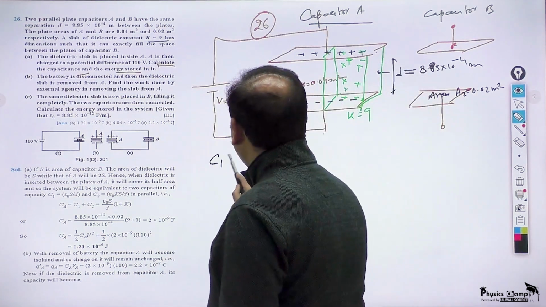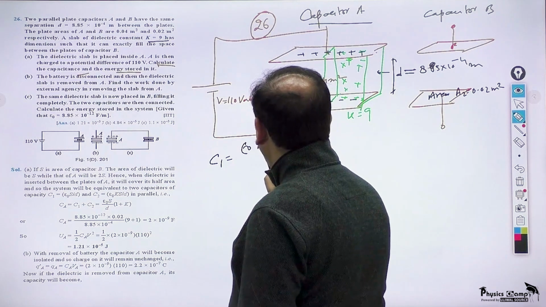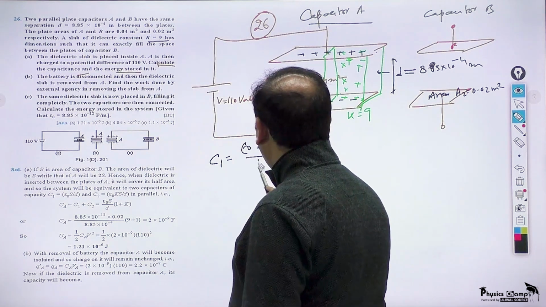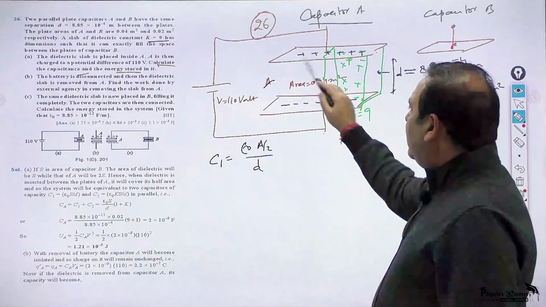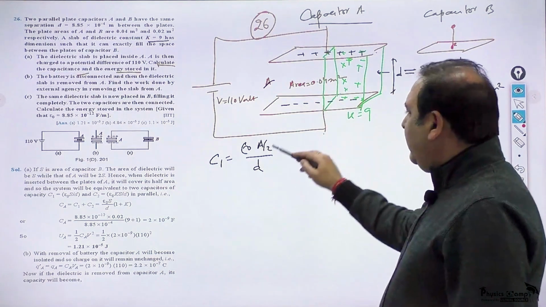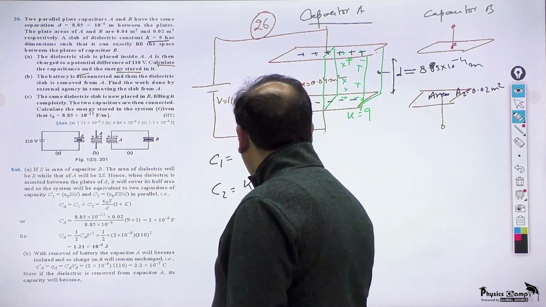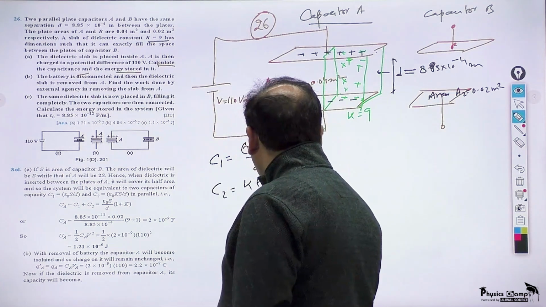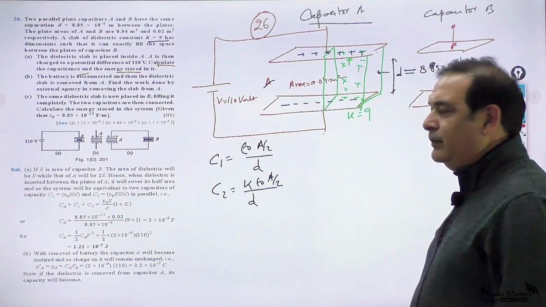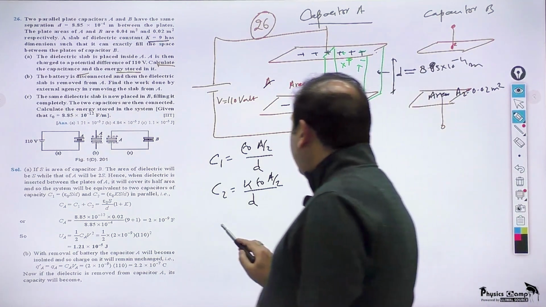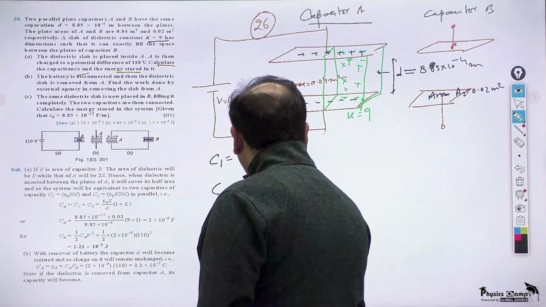Capacitor 1 will have value epsilon naught A by 2 by D, and capacitor 2 will have a value K epsilon naught A by 2 by D. So the equivalent capacitance here will be C1 plus C2.